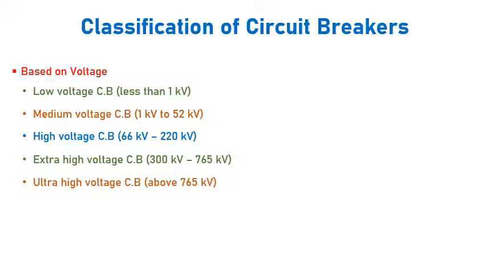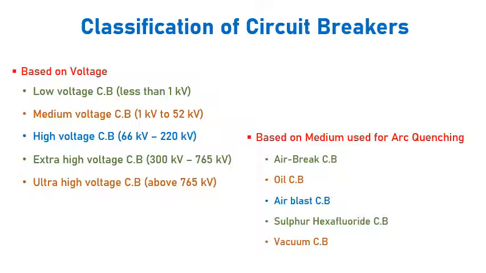And number two, based on the medium used for arc extinguishing or arc quenching, the circuit breakers are classified as air circuit breakers, oil circuit breakers, sulfur hexafluoride circuit breakers, that is SF6 gas circuit breakers, and vacuum circuit breakers. Now let us get into the topic, that is air circuit breakers.